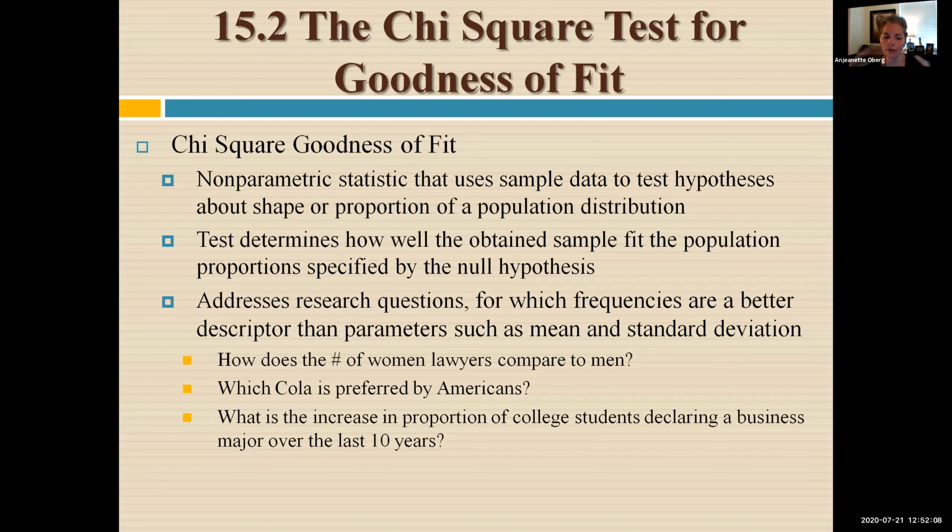So it's popular vote. Maybe we're looking at female lawyers compared to males. If the gender distribution in the population is 50-50 or about 51-49, then we should see about 51 male lawyers for 49 female lawyers. We should see a 50-50 split, but we don't see that.